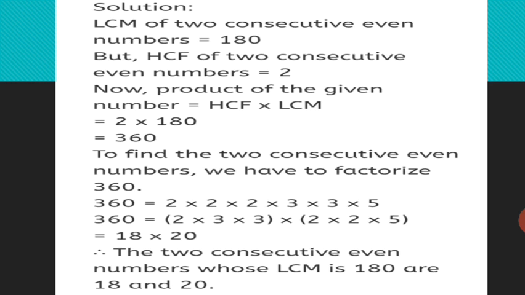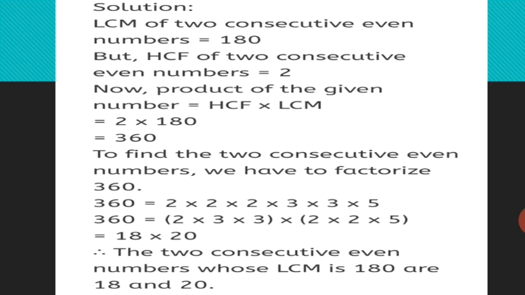To find the two consecutive even numbers, we have to factorize 360, because we know that the product is 360. So which are those two numbers? We will factorize and find out, and they have to be consecutive even numbers. You can find the factors of 360 by whichever method you find easy. So we have got the factors of 360 here.